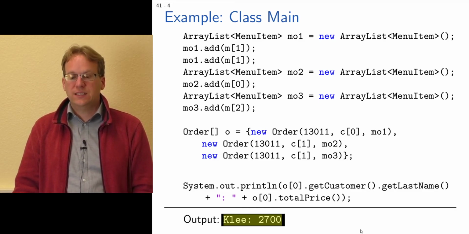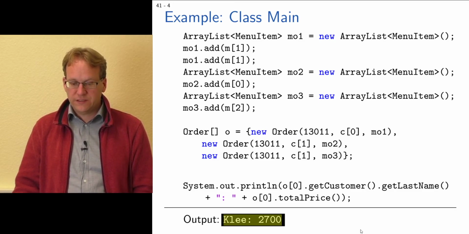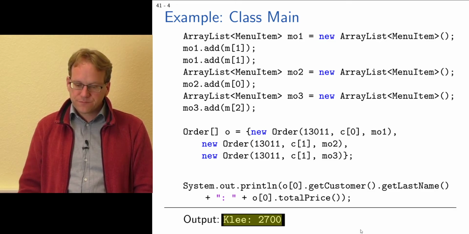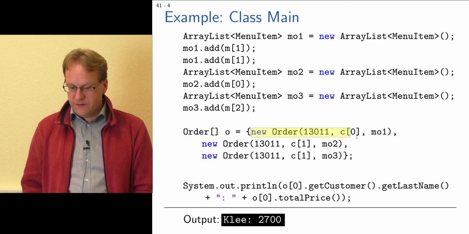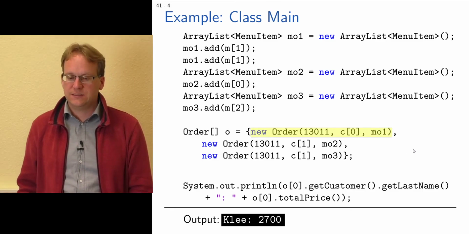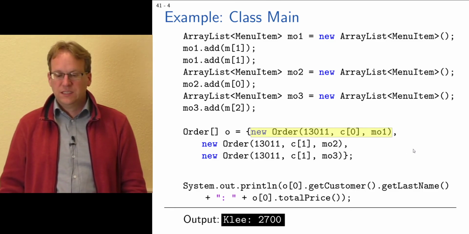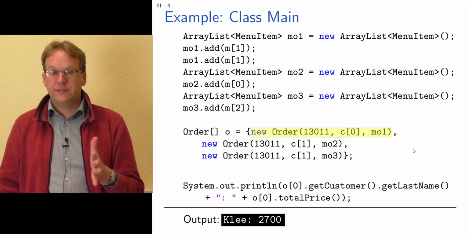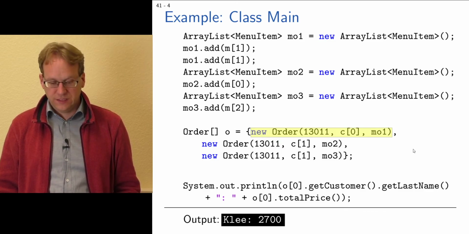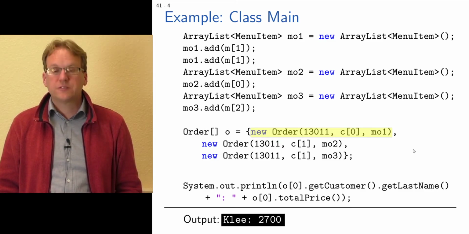That is the total price of my order. Well, so that is now a nice Java program. It simply creates some data, and it then analyzes this data using this total price method.